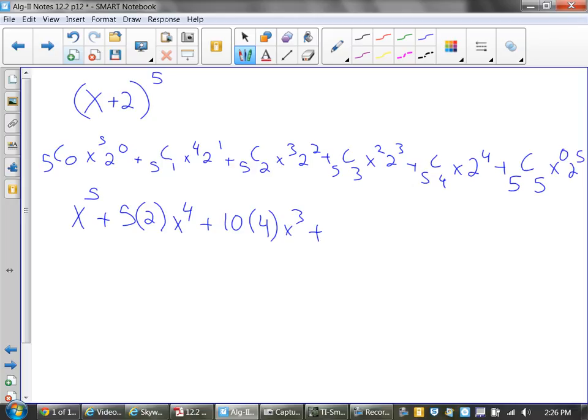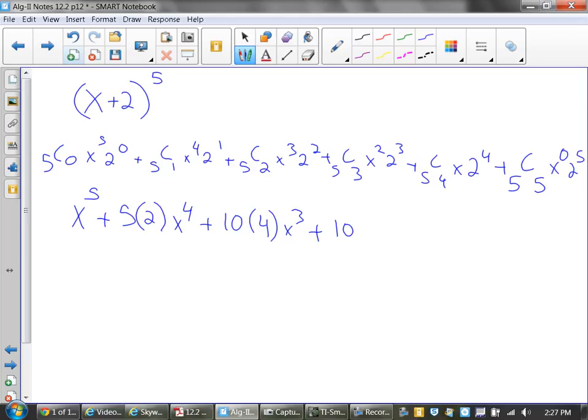5 choose 3 is also 10. Am I right? Yeah. Because remember, it's 5 factorial over 5 minus 2 factorial times 2 factorial, and 5 factorial over 5 minus 3 factorial times 3 factorial.